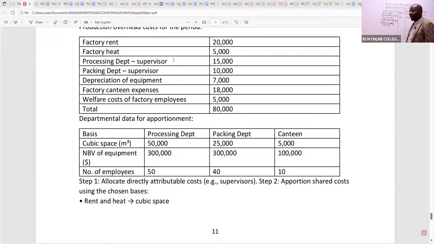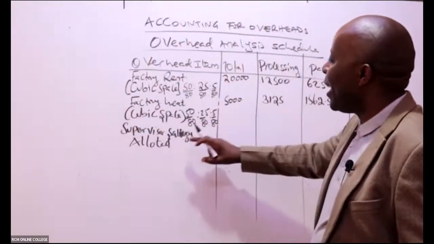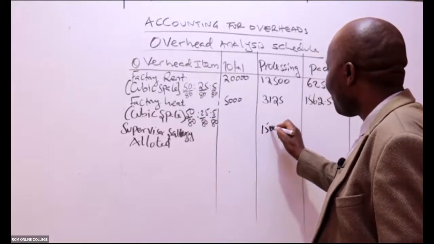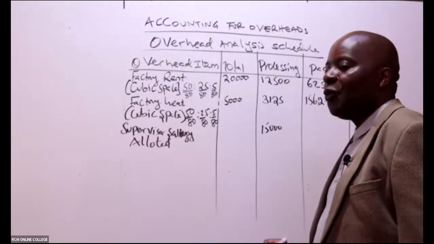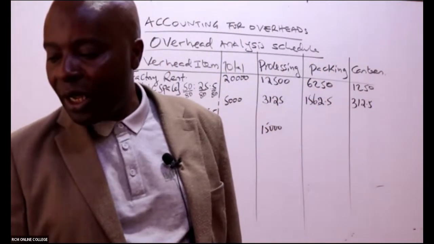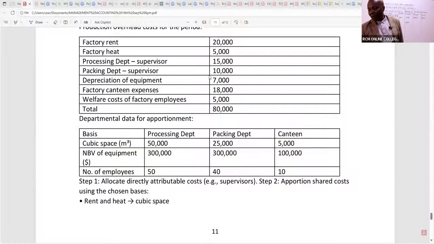So the processing department, ladies and gentlemen, has their 15,000. So in this case, a supervisor salary, we have an allotment here, 15,000. And then if you read down there, you'll be able to see that still this supervisor salary, there is another allotment: 10,000 to the packaging department.